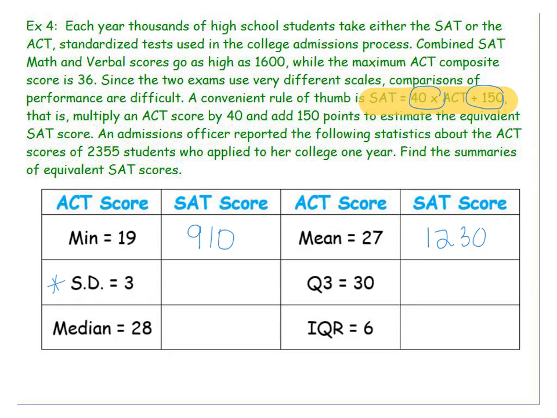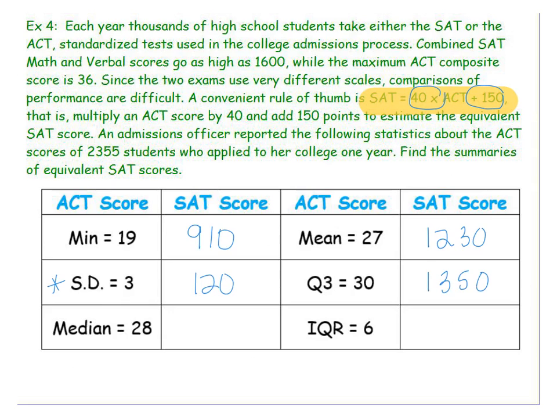Now this is standard deviation. He is special. He only likes multiplying. 40 times 3 is 120. Q3, he likes both. So we're going to do 40 times 30 plus 150, and I get a Q3 of 1,350. The median likes both.